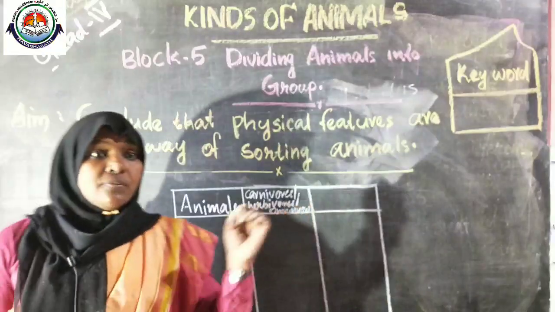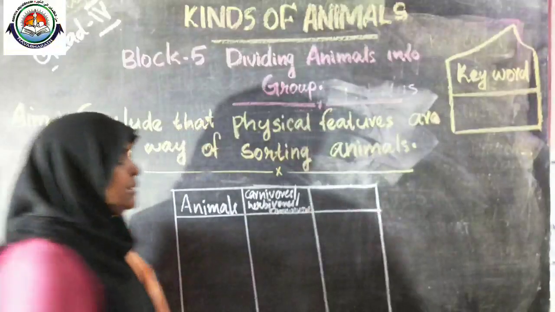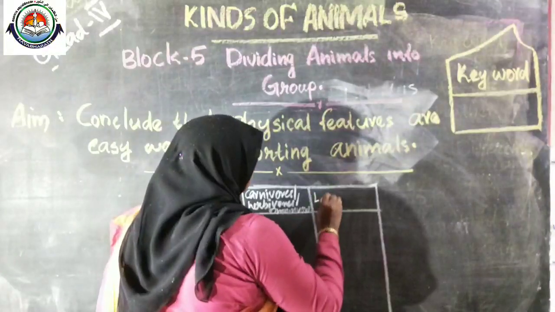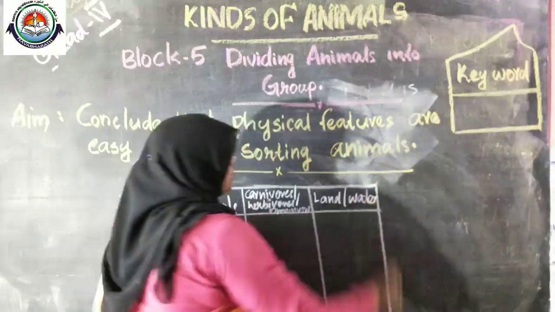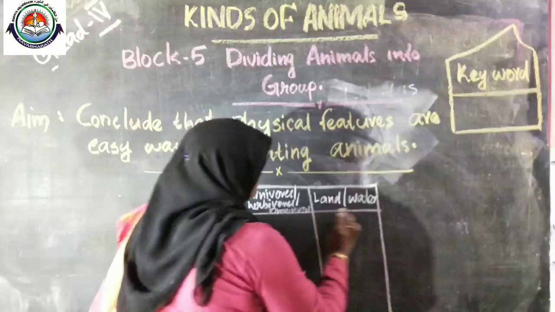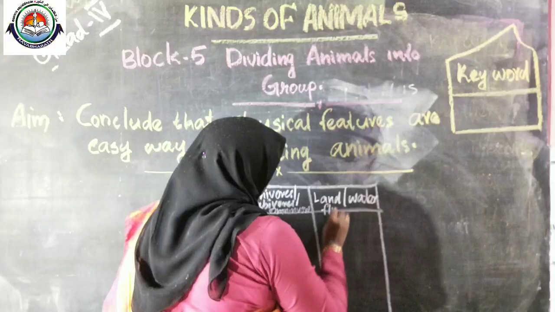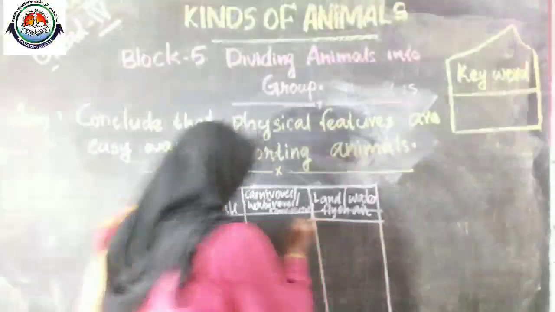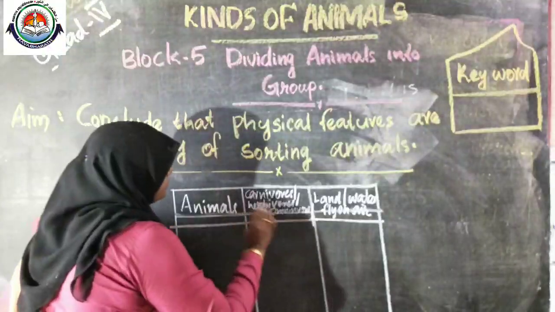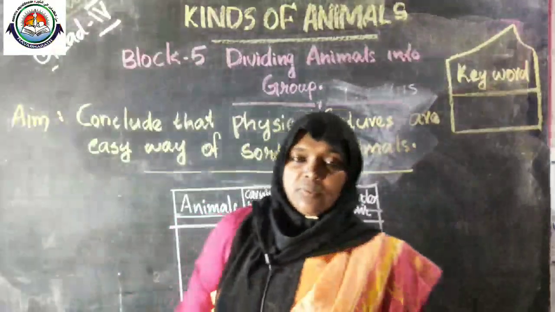Here you have to write where they live, that is land or water, or fly in air. These are the things you have to complete. Clear? This is your work.